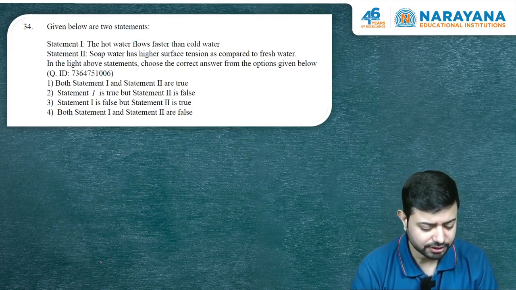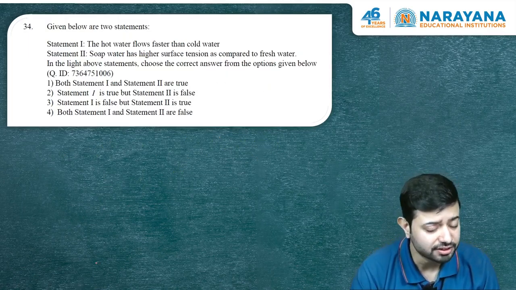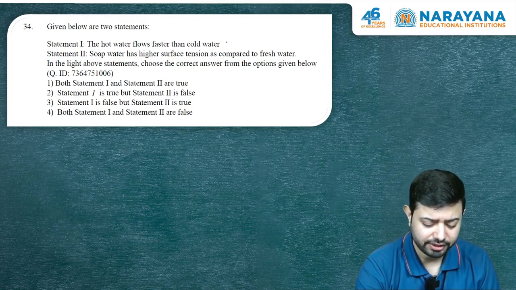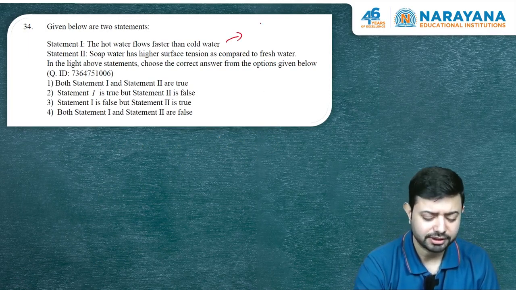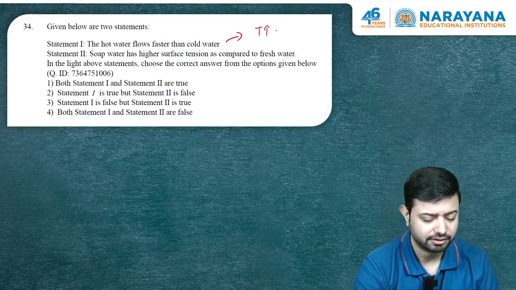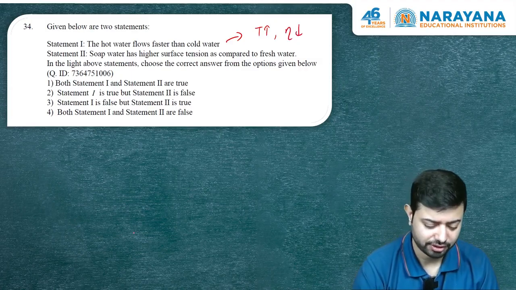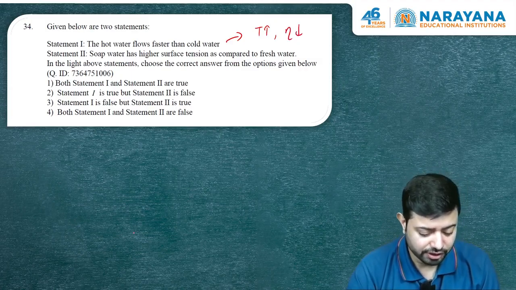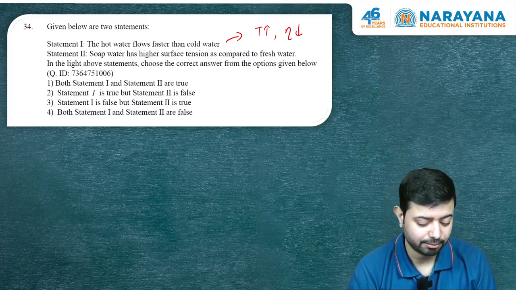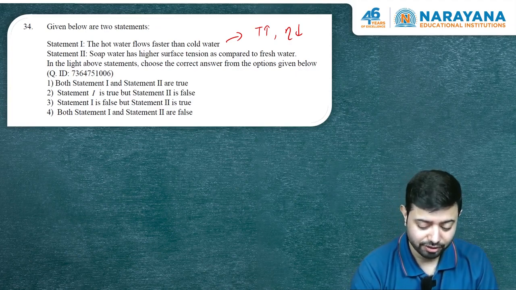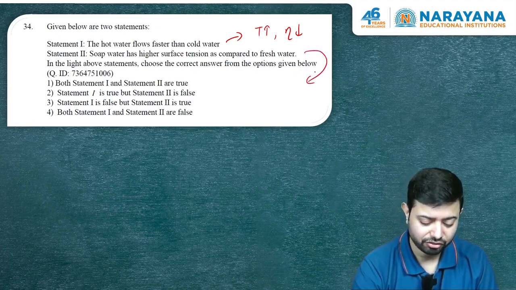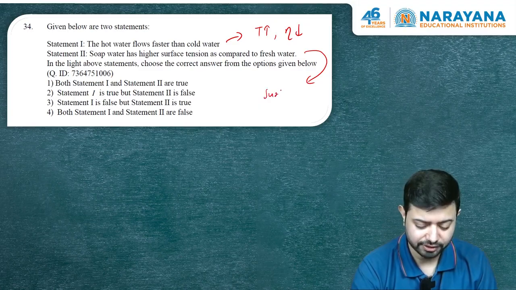Given below are two statements. Statement 1: hot water flows faster than cold water. What is the reason behind it? Very simple, temperature increase. If we increase the temperature, what happens to viscosity? Viscosity is going to reduce, so it will flow faster. That is correct. Statement 2: soap water has higher surface tension as compared to fresh water. That is wrong, because soap water has surfactant mixed with it. What role does the surfactant play?